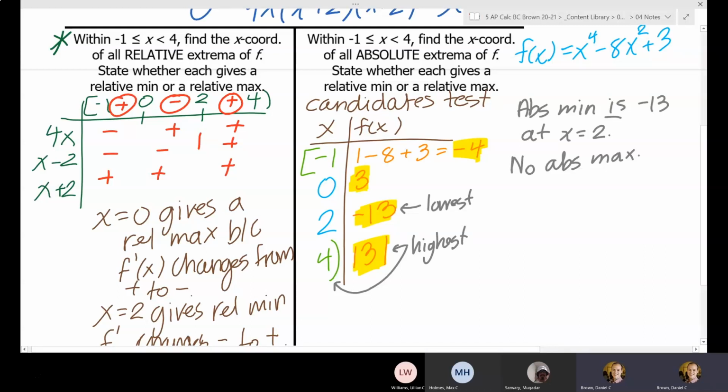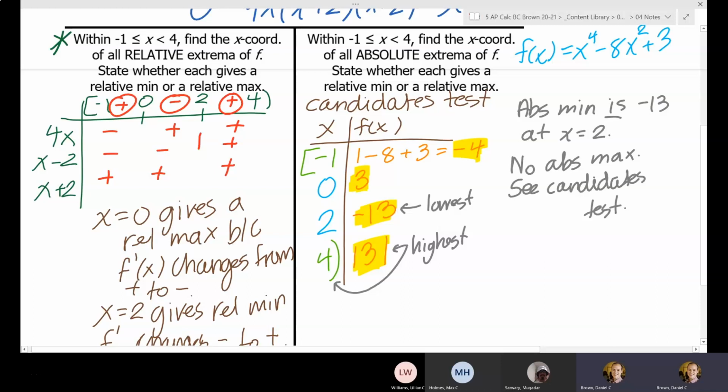And then you're going to think about how you can justify your answer. In calculus, a sign chart for relative extrema is not your answer. You still have to justify it in a sentence. For absolute extrema, if you show your candidates test, your justification is going to be see candidates test.